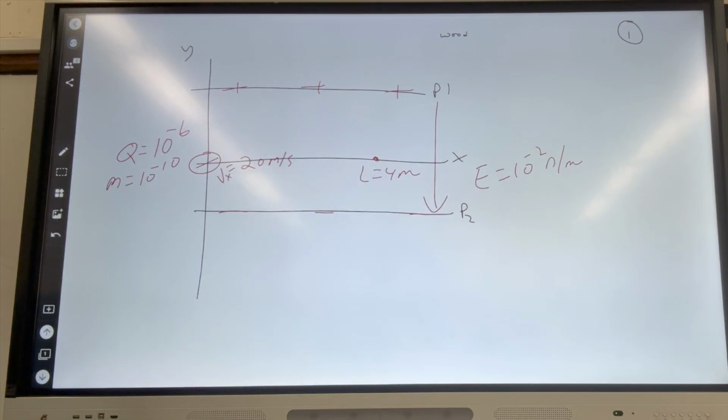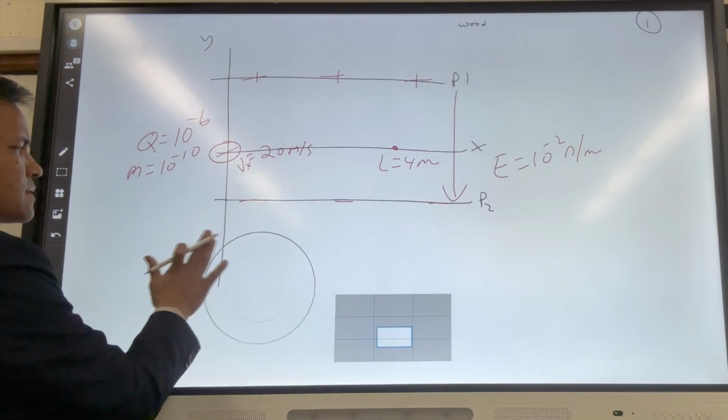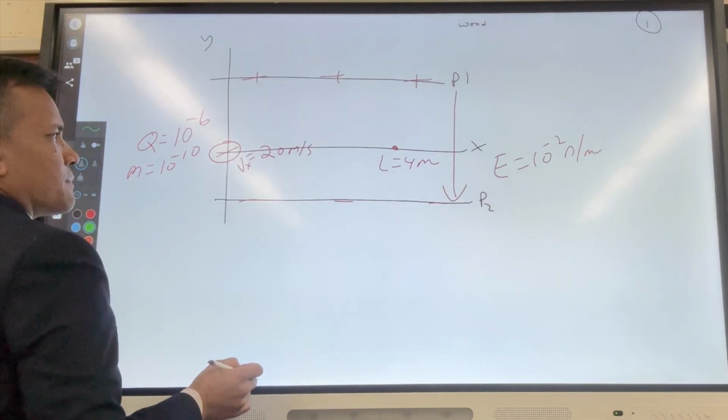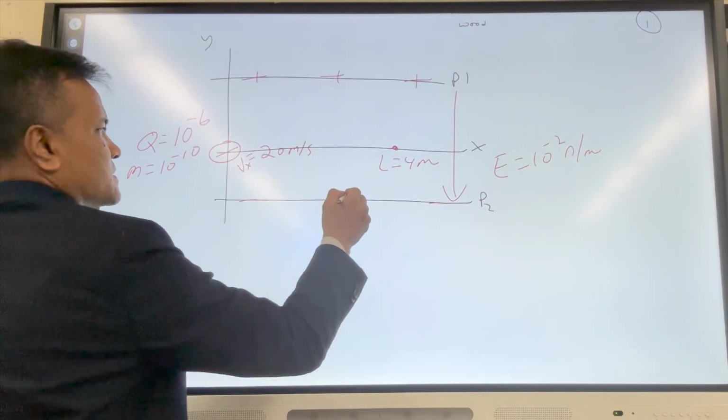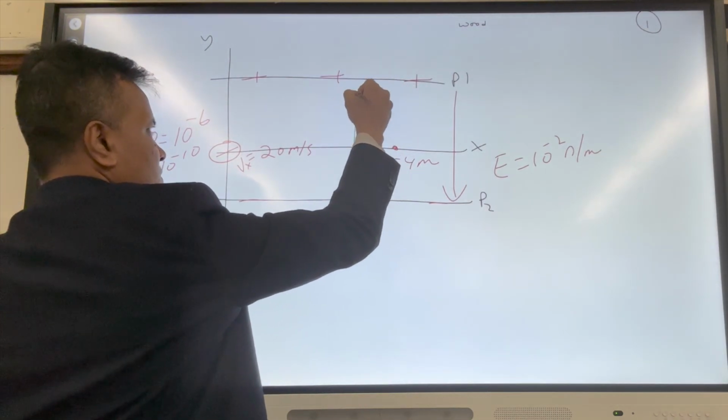Okay, great. Now let's first find the acceleration. What is the acceleration of this one? By the way, the force would be in this direction. This is the force. All right.